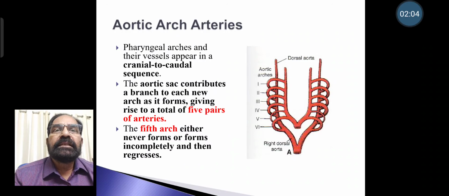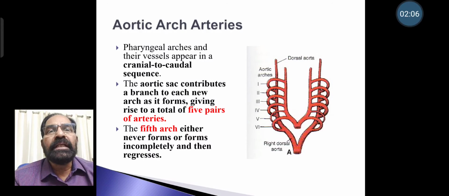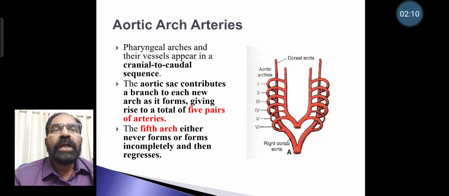Pharyngeal arches and their vessels appear in a cranio-caudal sequence. Aortic sac contributes a branch to each arch as it forms, giving rise to a total of 5 pairs of arteries. The 5th arch either never forms or forms incompletely and then regresses.